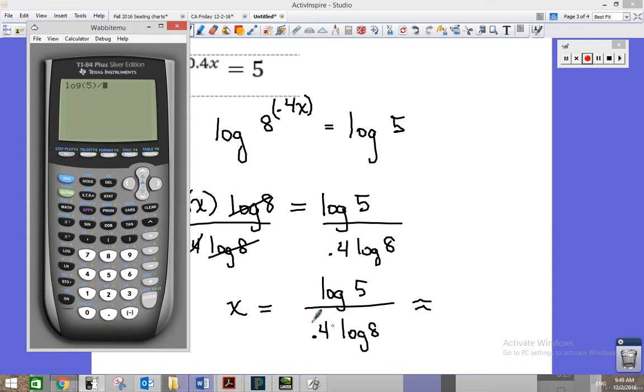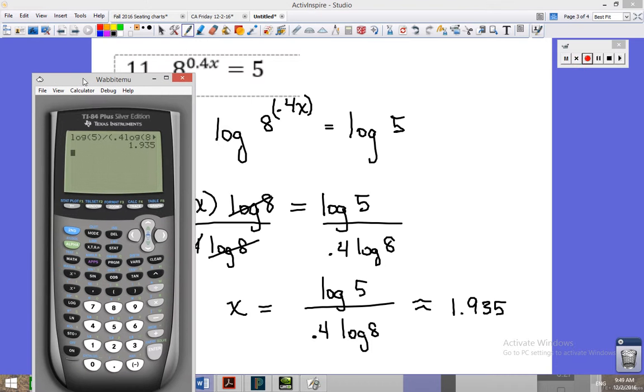Now, around the denominator, I need parentheses because I don't want to divide it by just 0.4, but I need to multiply it by 0.4 times the log of 8. Close that parenthesis with 8, and then I'll close the parenthesis for the denominator, and now I get to 3 decimals, 1.935, if I haven't made any silly type of errors.